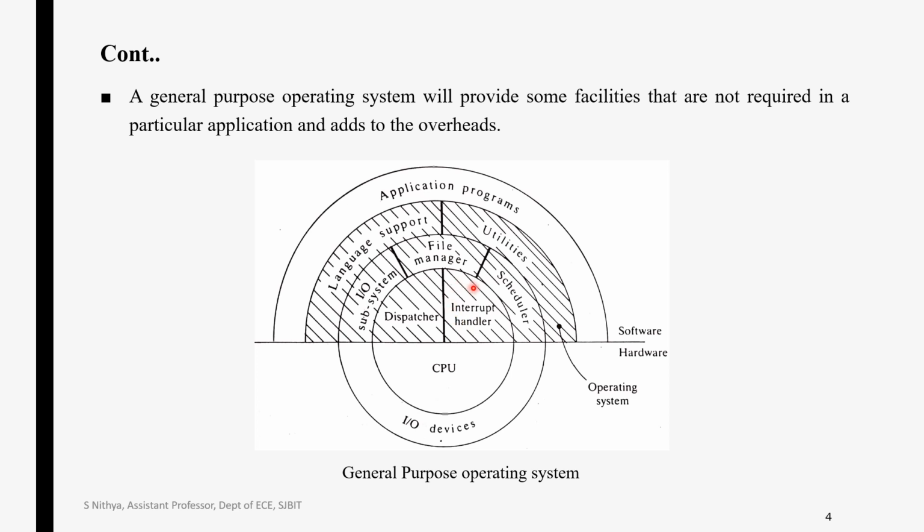So this is the typical general purpose operating system. Everything which is blocked here is an operating system. The operating system will manage language support, utilities, input output subsystem, file manager, scheduler, dispatcher, and also the interrupt handler. These are the things supported by the operating system.